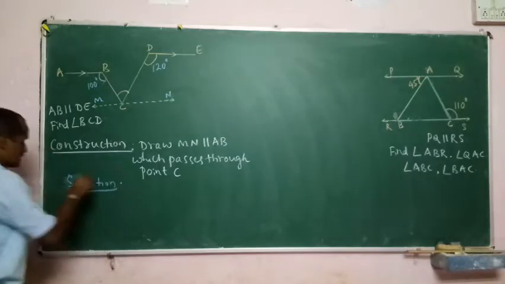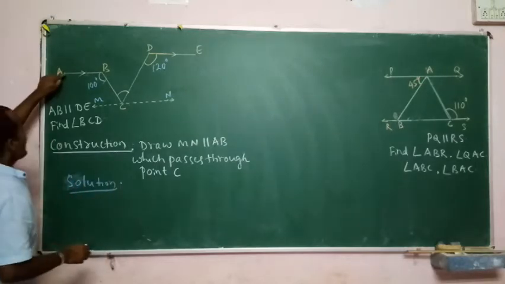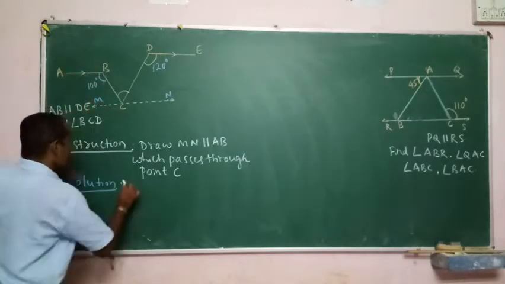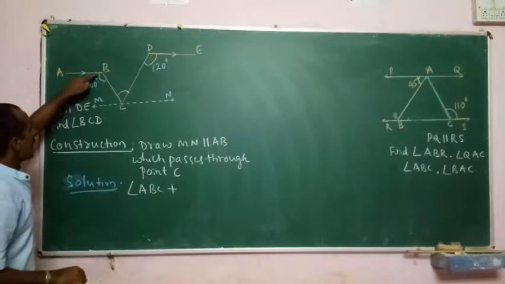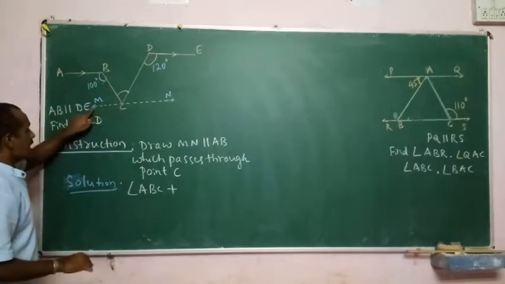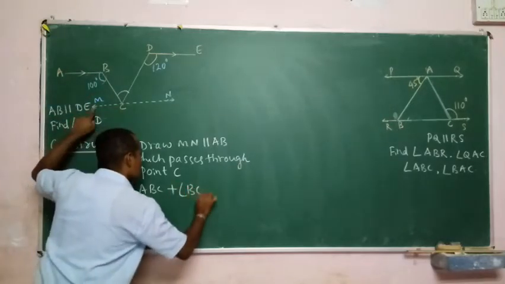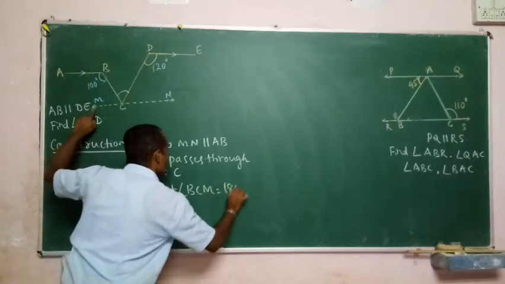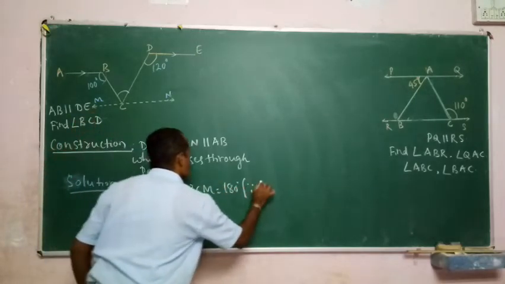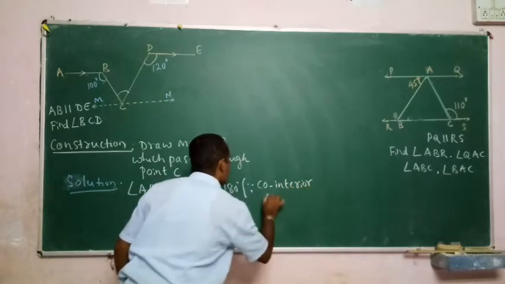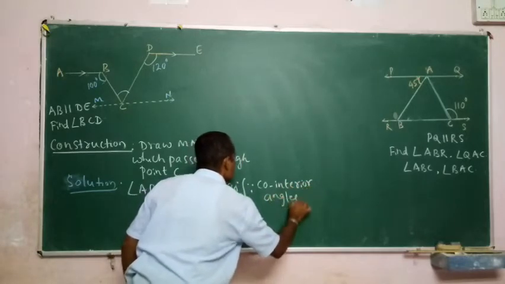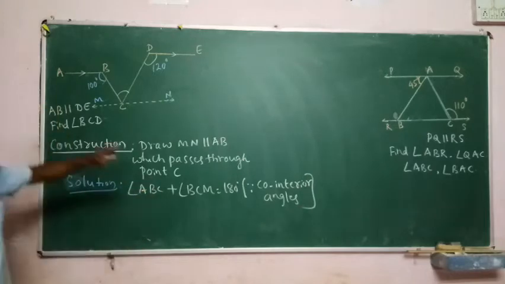See the solution, how I will start. Angle ABC plus angle BCM is equal to 180. This is because of co-interior angles. The sum of those two is equal to 180.